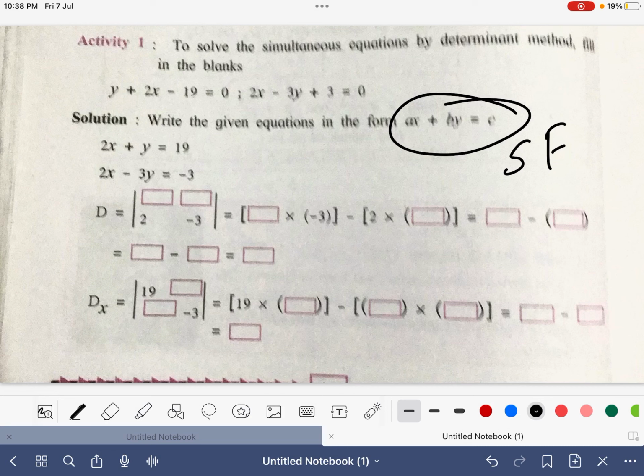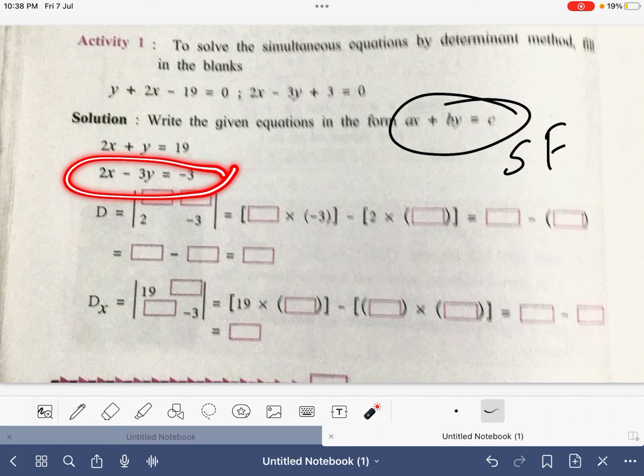So now let's convert these equations, and after the conversion we get the first equation 2x plus y is equal to 19, and the second equation is 2x minus 3y is equal to minus 3. Okay, now first of all, we have to find the values of a1, a2, b1, b2, c1, c2.